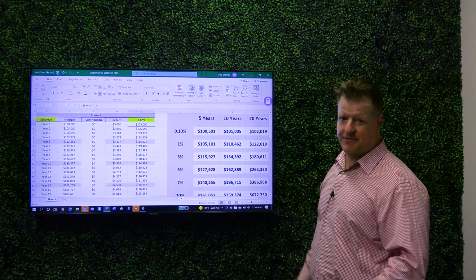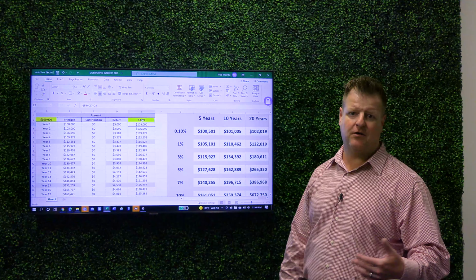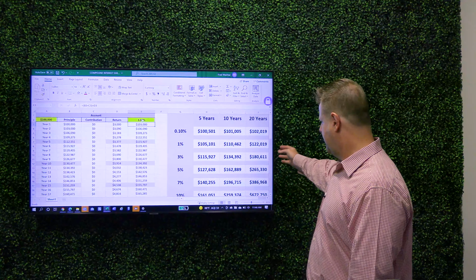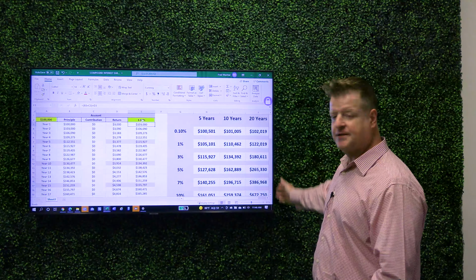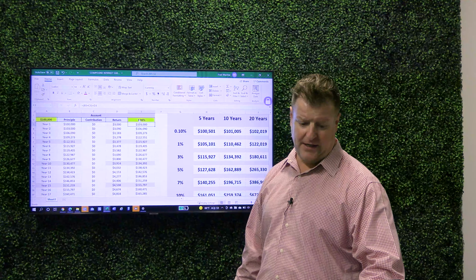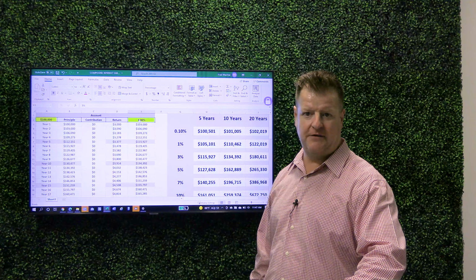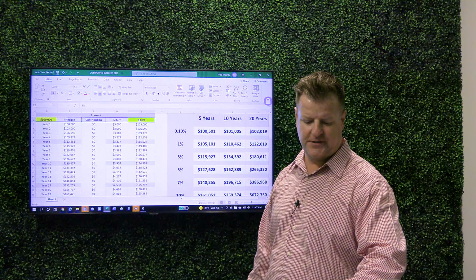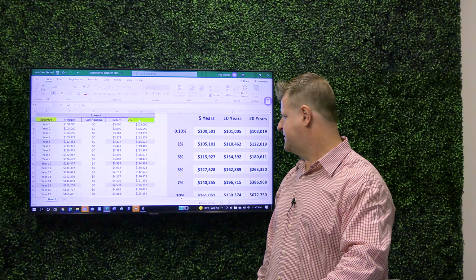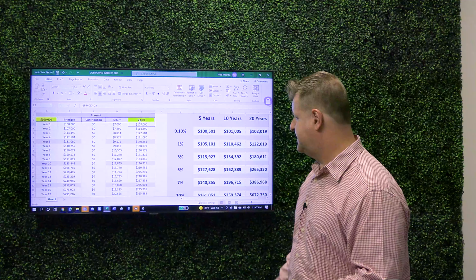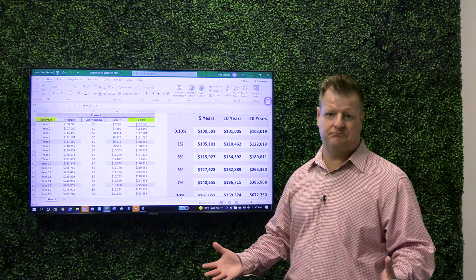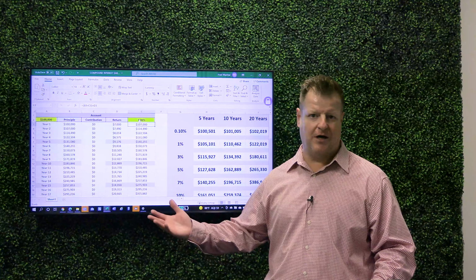But if you get into something, there's different kinds of bonds and all different things we can look for. That's substantial over time. If you're in just a typical investment, let's just say you're in a large cap mutual fund, S&P fund, just something that tracks the markets, we're going to throw down 7% here. And 7% isn't something you're going to get every year. It's going to go up, it's going to go down.